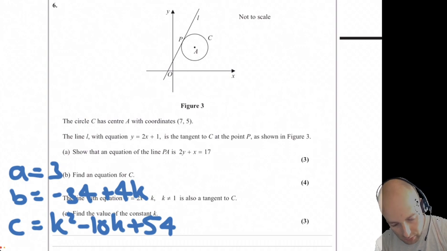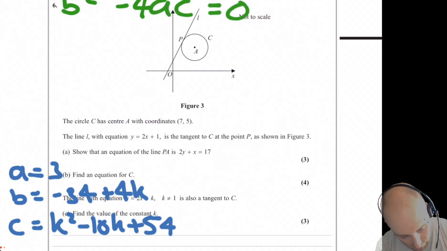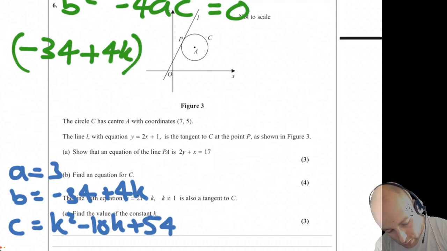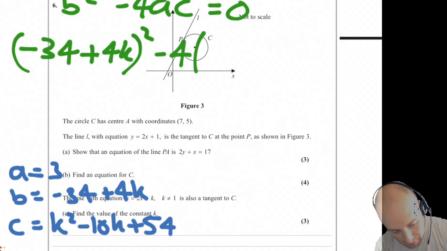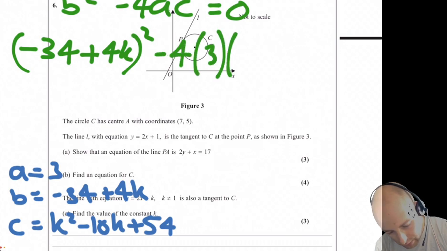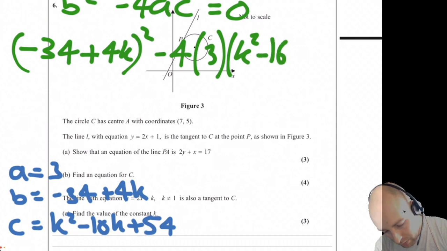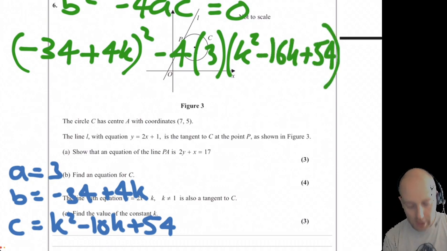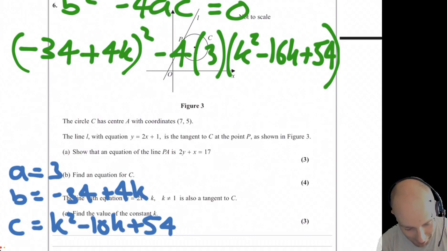Alright, so b² − 4ac = 0. So we're going to get (−34 + 4k)², take away 4 lots of a times c, which is k² − 16k + 54. Right, hopefully you guys are checking this because I do feel like I've made a mistake, but we'll see if the answer comes out all right.